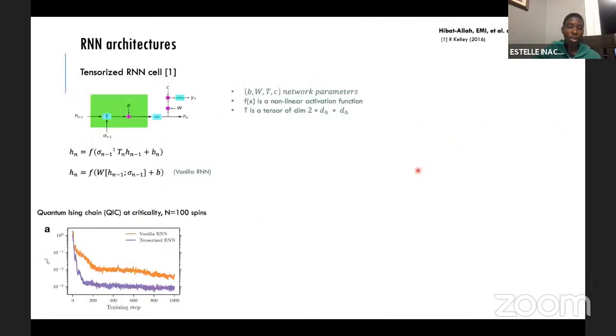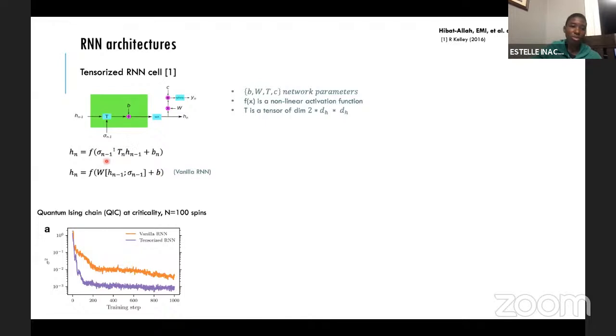All right, so next I will tell you what this RNN cell is that we use in our work. We use the so-called tensorized RNN cell, which has this recurrent form, and this is the architecture that we use. Here, T is a tensor, which holds parameters that we need to optimize or train. Beta is also a variable that we need to train. And this is the traditional recurrent relation, let's say, for the vanilla RNN, where you have the weights and the nonlinearity.